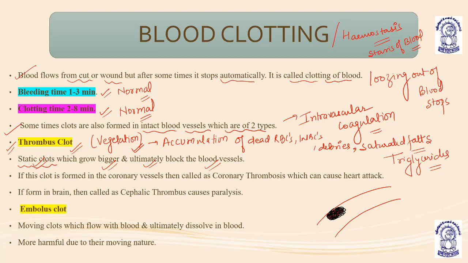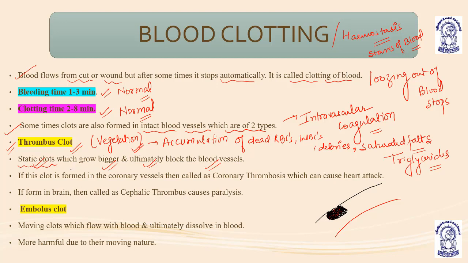For example, the artery gets leaked or punctured over here, meaning it becomes discontinued like this. So the platelet plug will attach to the endothelial wall because of chemotaxis, and it will make a clot. This type of clot is known as a thrombus clot.